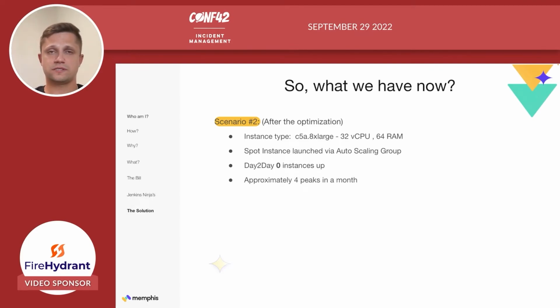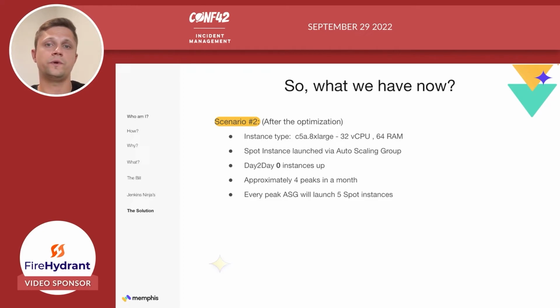I'm taking some assumptions for the calculations, but they are from the real world. Let's say I have 4 peaks in a month, okay? I have a release or some build every week, and I have some massive workloads at that time. Let's say every peak like this will use all of the instances in this auto-scaling group.